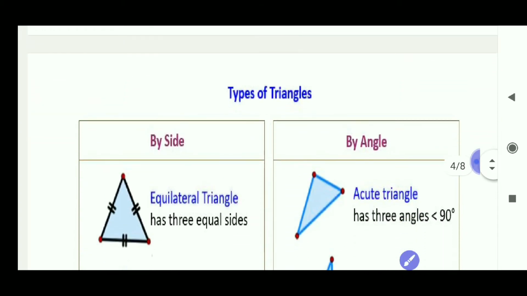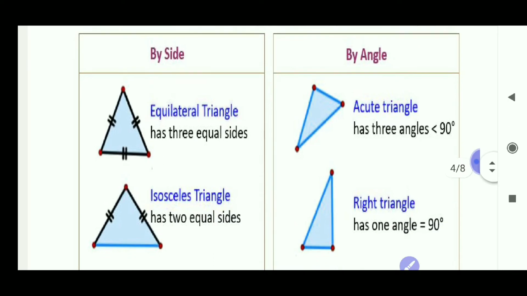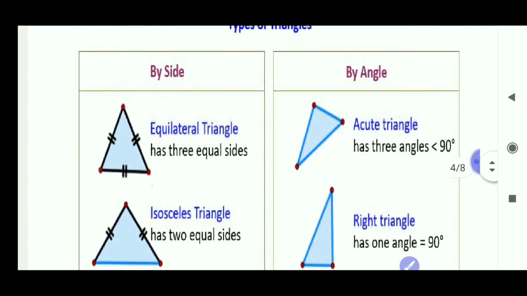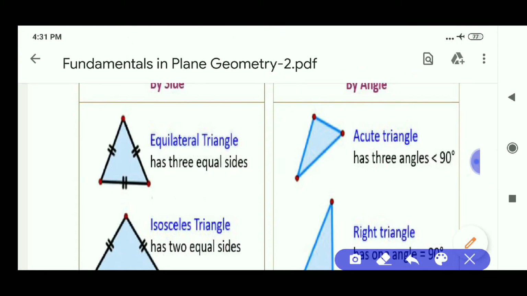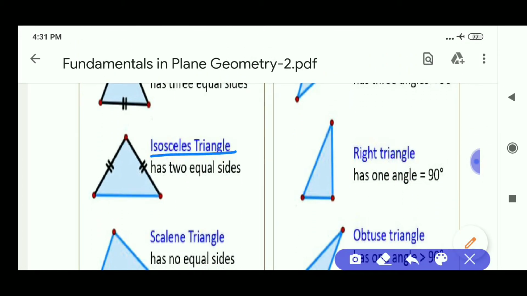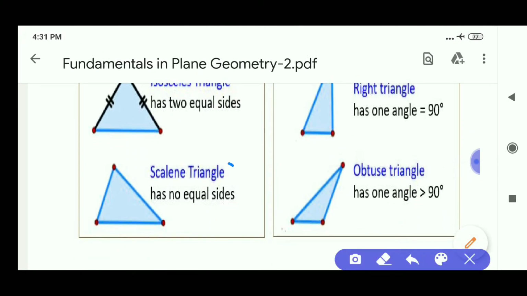And types of triangles. According to sides, triangles are of three types. They are equilateral triangle, where all sides are equal; isosceles triangle, where two sides are equal; and scalene triangle, where no side is equal.